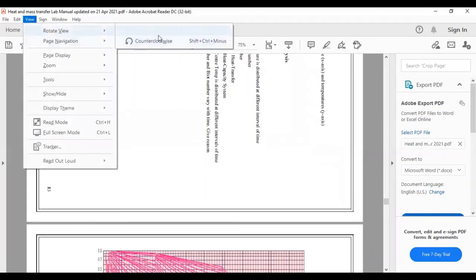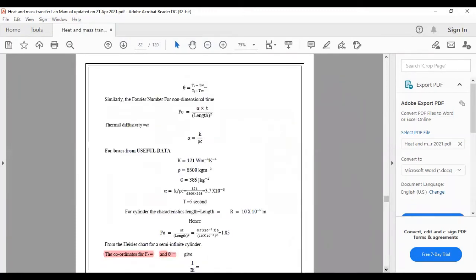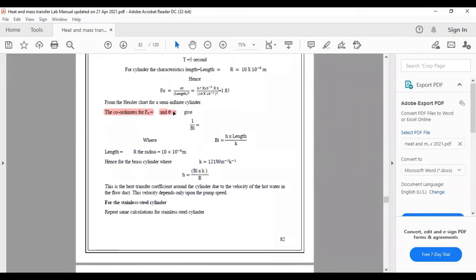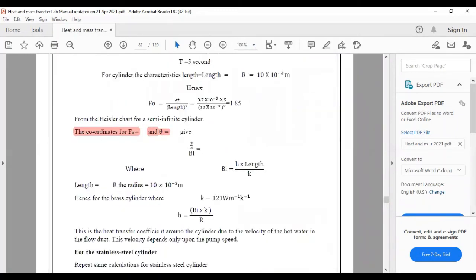So we will note the value of the Biot number by using these two coordinates. We can also find this value from the internet. If we are given the value of theta and the Fourier number, we can compute the Biot number. Basically, the value we get here is 1 over Biot, the inverse of Biot.